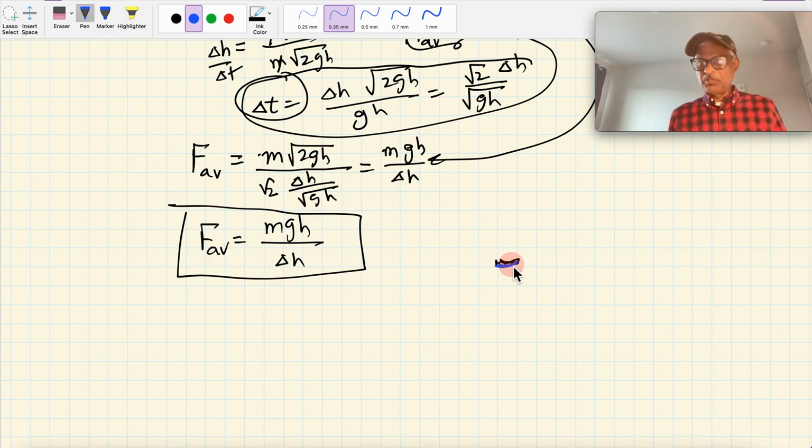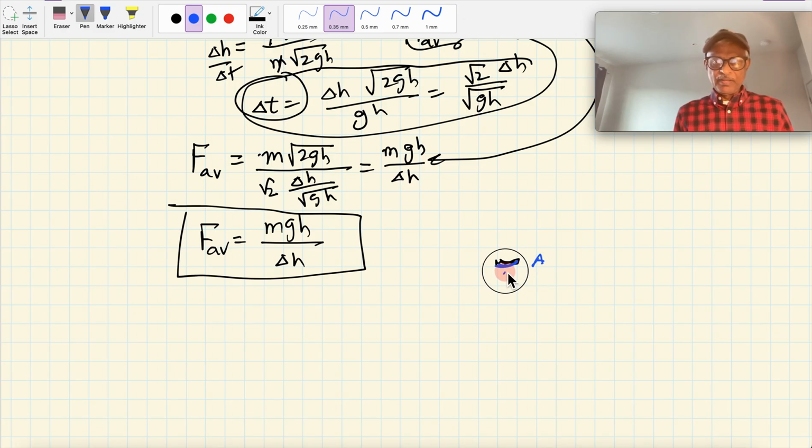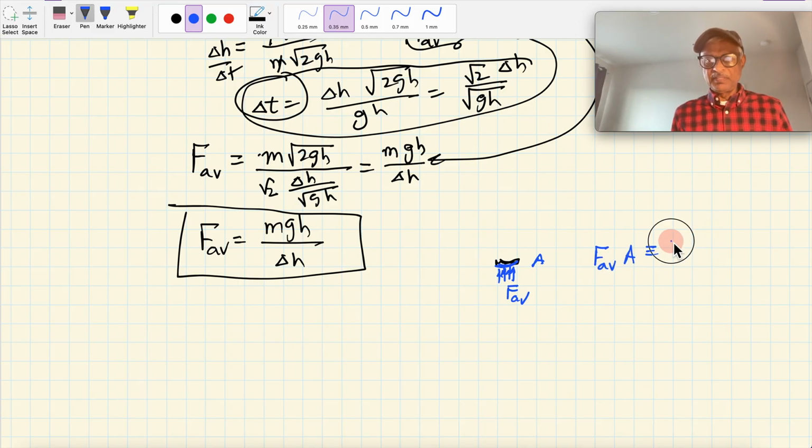I'm going to put just one place. Maybe you touch both feet, but together the net area is A. And force is applying on the entire thing. So if I multiply F average times A, that will give me the pressure. And this pressure will be compressive pressure on the bone.